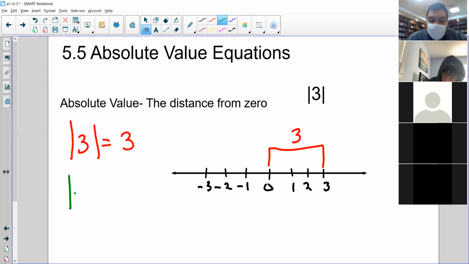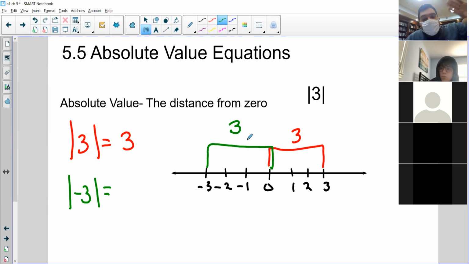But let's say -3 in this situation, it would be +3. The distance between -3 and 0 is 3. Even though you're 3 backwards in terms of placement, the physical distance is 3, so it's going to be 3.